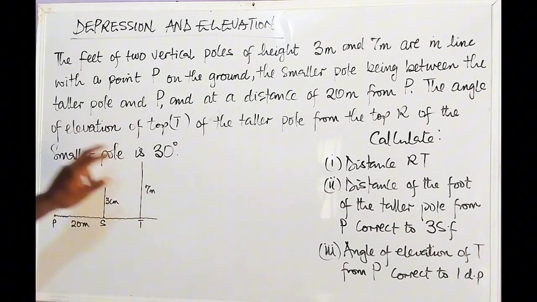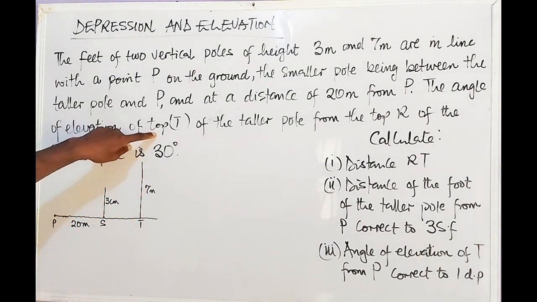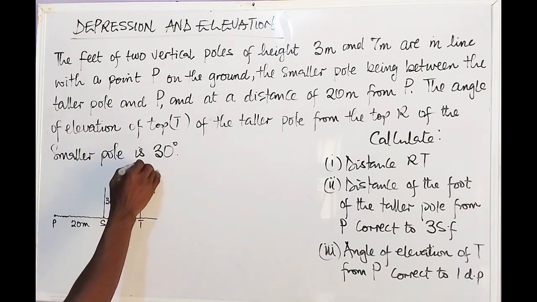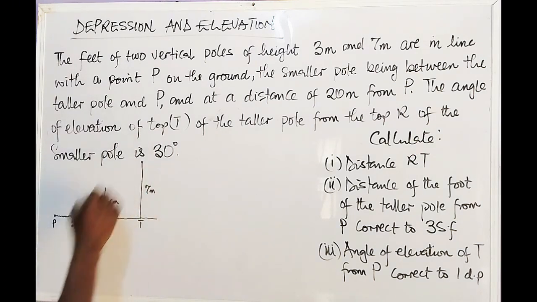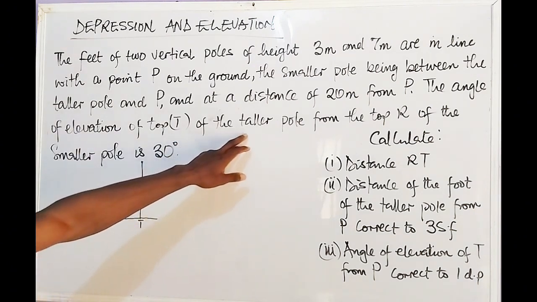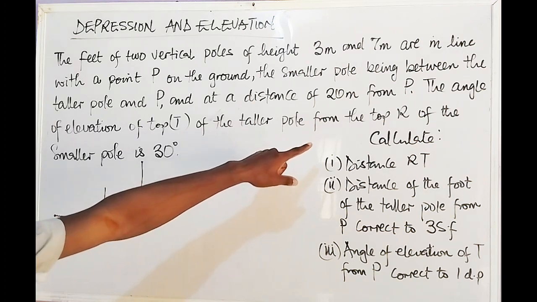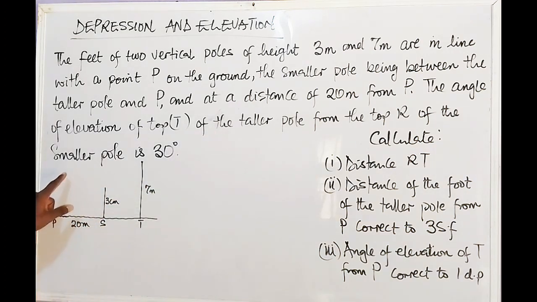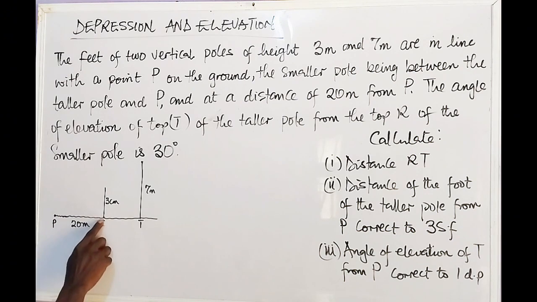Now the angle of elevation of top T, which is this point here, of the taller pole from R of the smaller pole. So let's make this R, since we are told this is R.